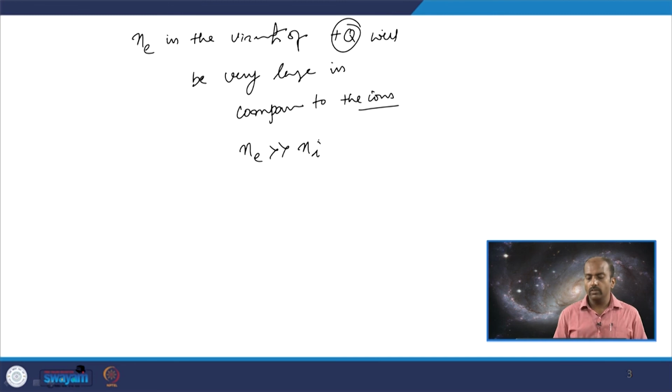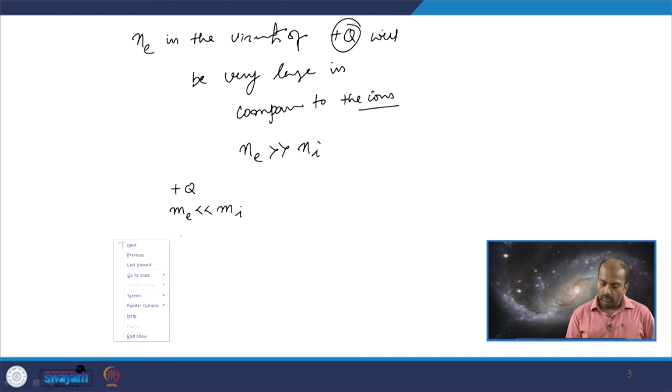So, how did we arrive at this point? Since you have suspended a positive test charge plus q, and the electron mass is very small in comparison to the ion mass, at the same temperature, the temperature being the same for electrons and ions, the velocity of electrons will be very large when compared to the velocity of ions.